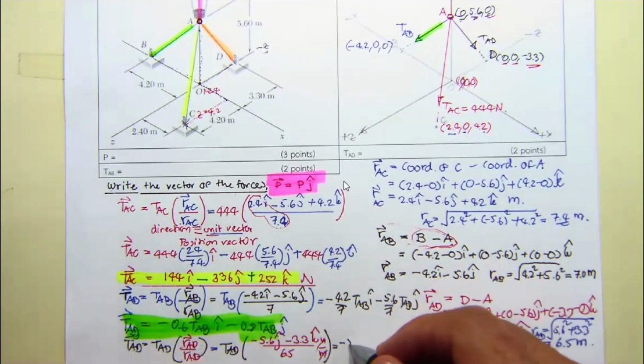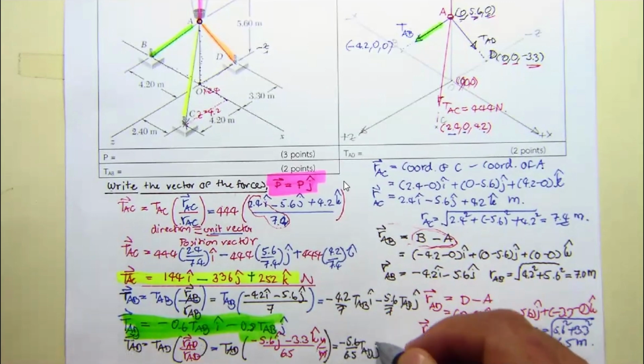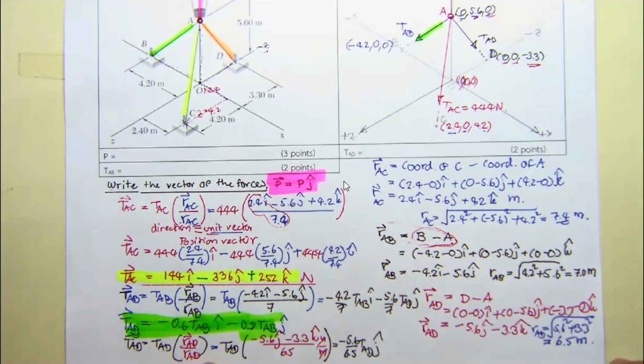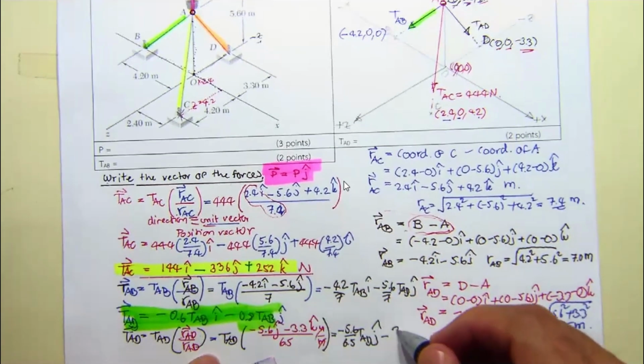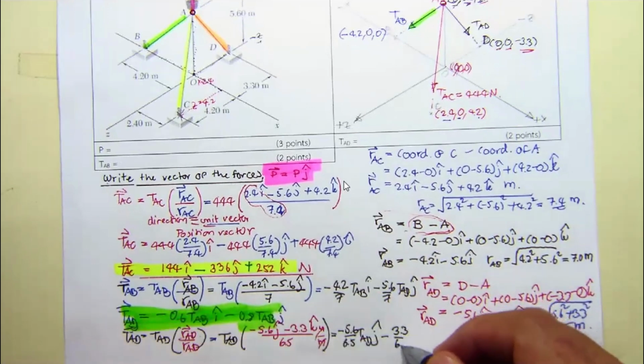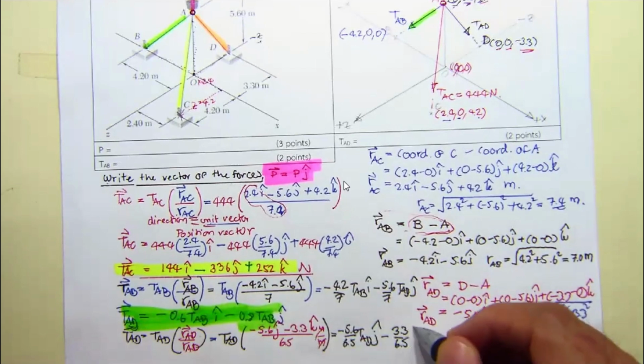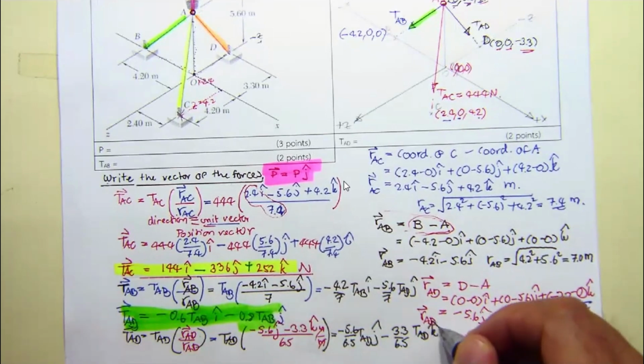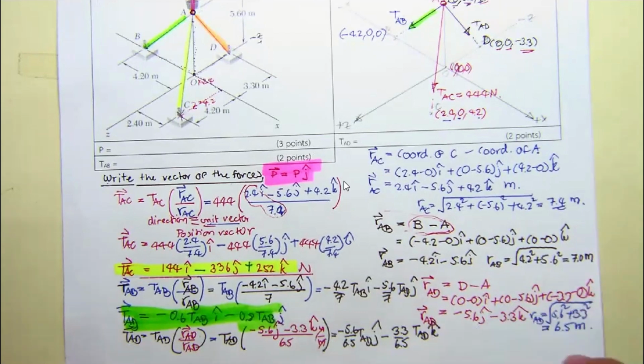Minus 5.6 divided by 6.5 T sub AD J, and then minus 3.3 divided by 6.5 T sub AD K. Okay. And then just extend it.